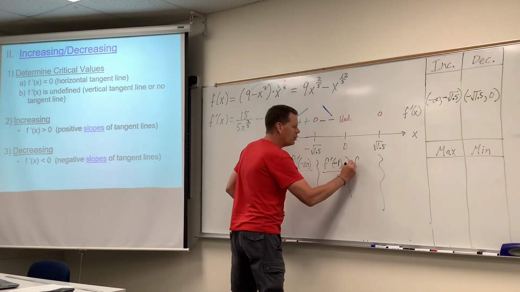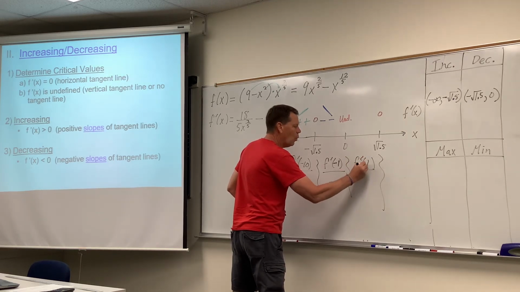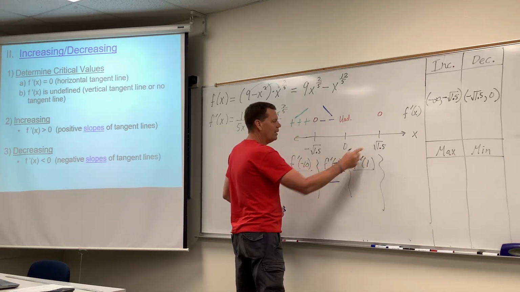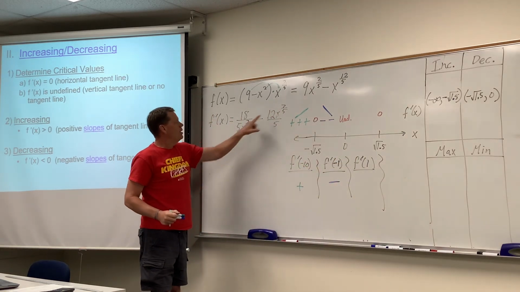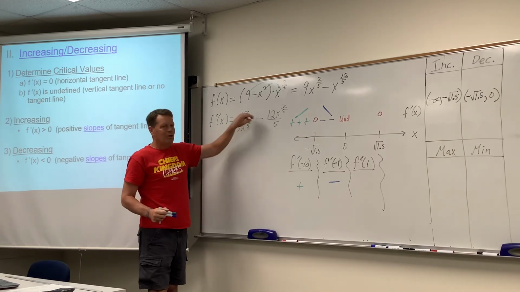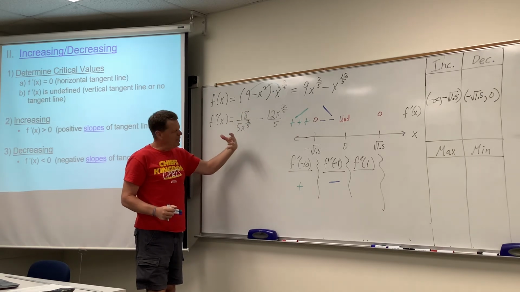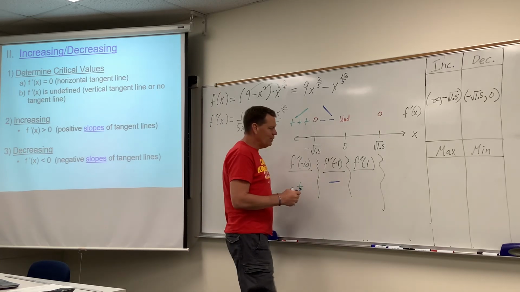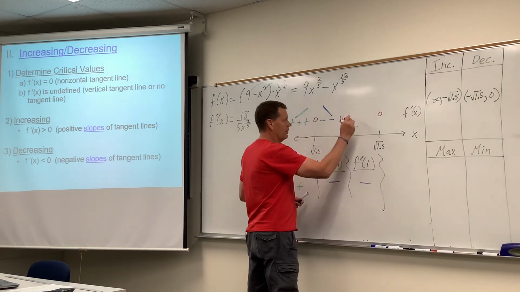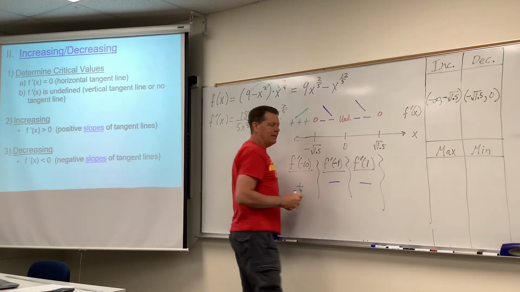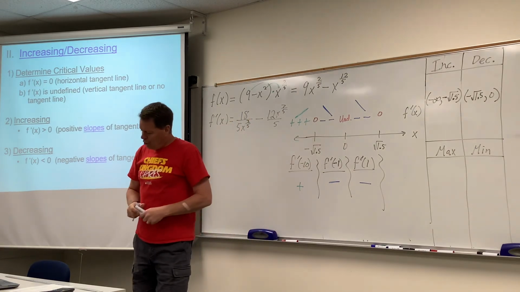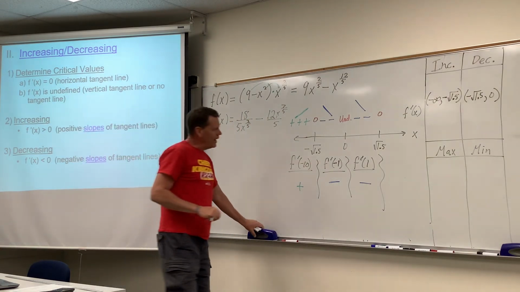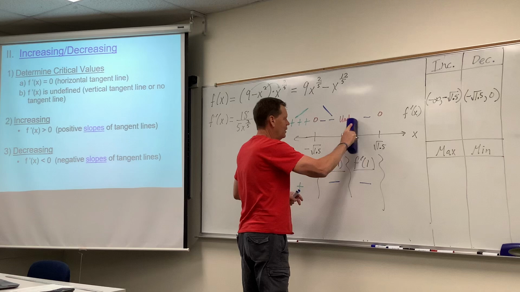And then we have f prime of 1. That's between here. You put 1 here, you crunch the numbers, all right? That's mechanical stuff. That comes out to be negative, or I'm sorry, that actually comes out to be positive.